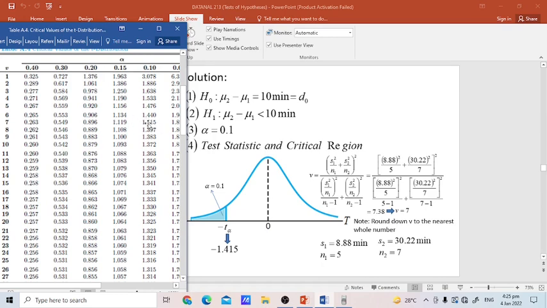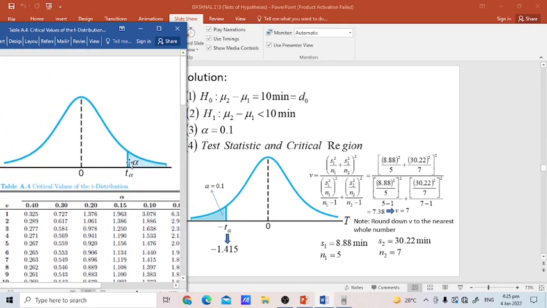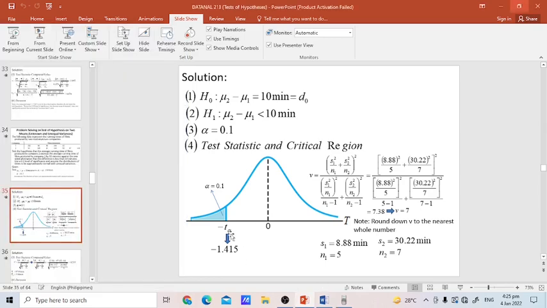That's an area to the right, right? Area to the right. So by symmetry, this will become negative 1.415. Okay, that's it. So we proceed.